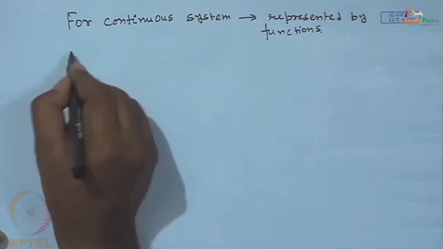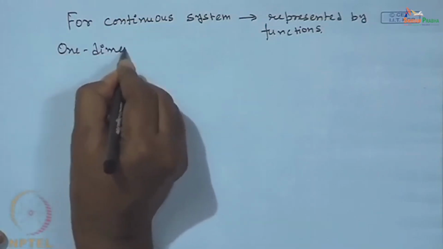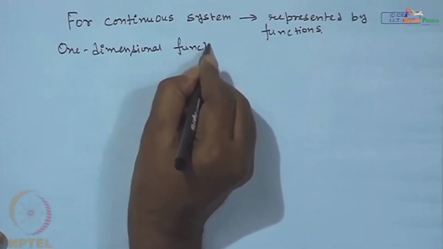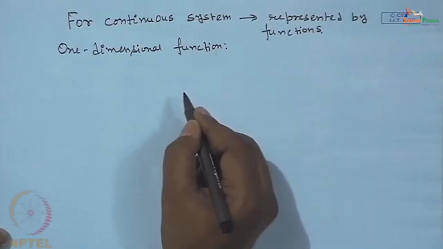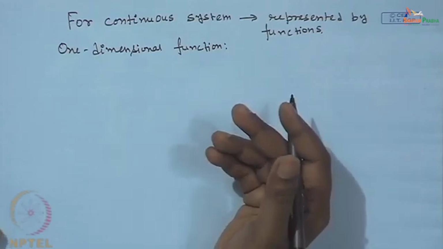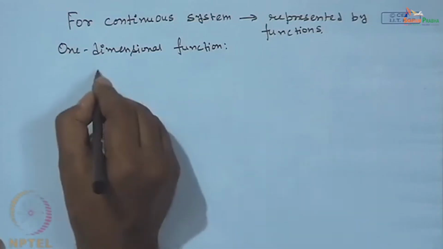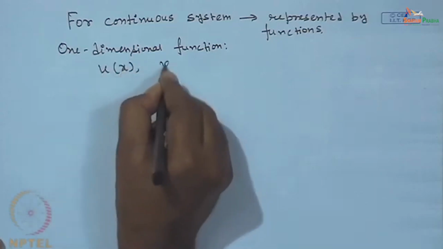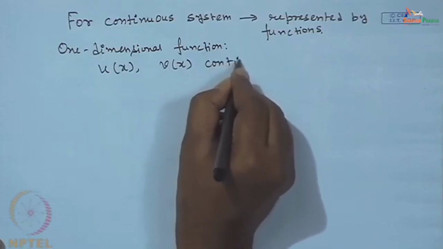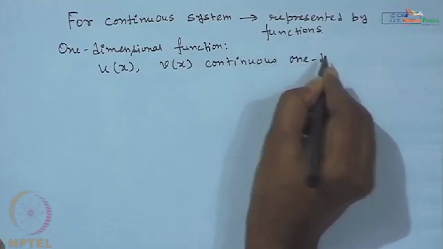So, let us consider first a one dimensional function. What is a one dimensional function? It is an expression which is a function of only one independent variable, let us say x. So, u of x, v of x are continuous functions, and they are examples of continuous one dimensional functions.